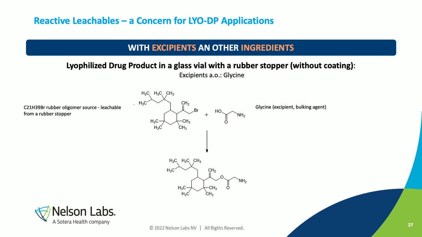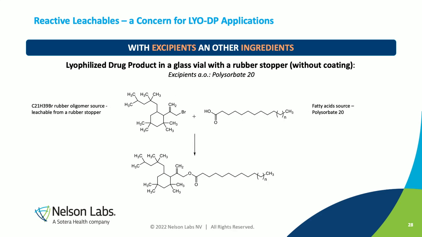Not only the API can react, but also other ingredients can further react with the reactive leachables. On this slide, we have an example of glycine. Glycine is present in the drug product as an excipient, as a bulking agent. Another example is a chemical reaction with an impurity of a solubilizing agent, polysorbate 20, which is a source of fatty acids.